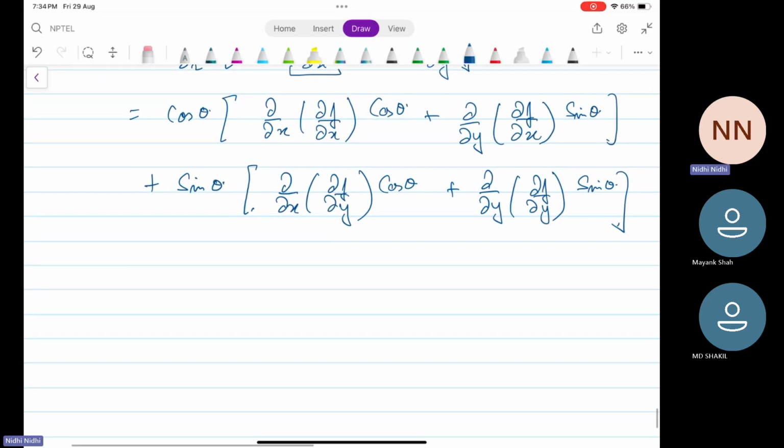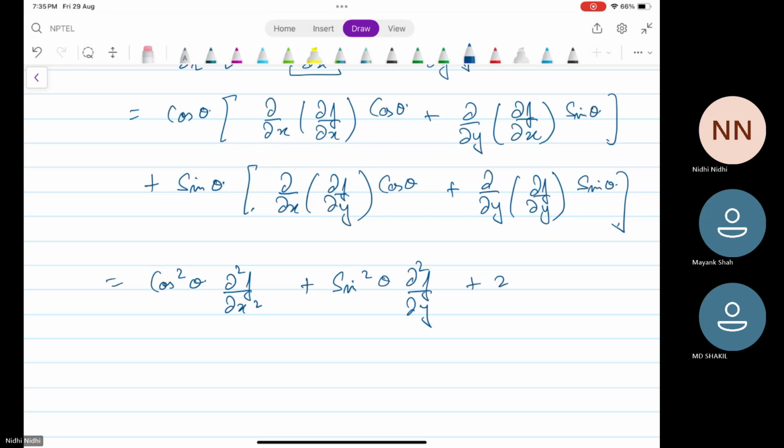So this becomes cos square theta times del 2f by del x square plus sine square theta times del 2f by del y square plus 2 times sine theta cos theta del 2f by del x del y.